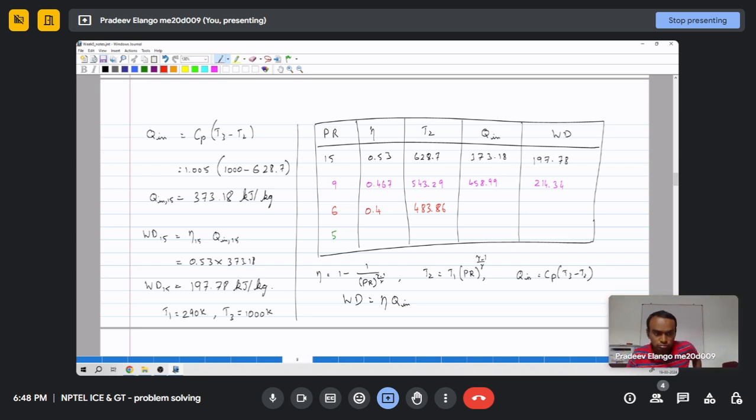So Q in is 518.72. Okay. And the work done is 207.48. So now, can you guess, if you have a pressure ratio of 5, is it going to be more than any of these values, or is it going to be less than these values?